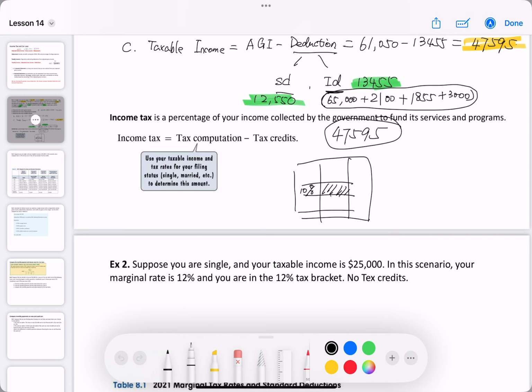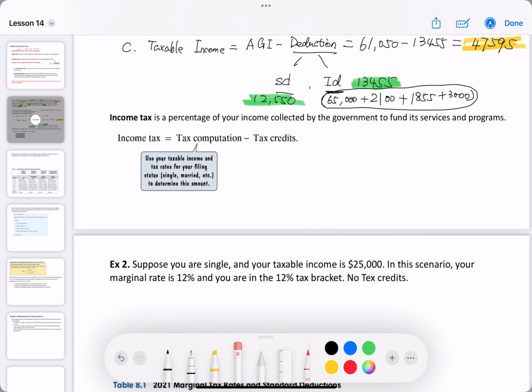If your money is in the second bracket, you need to pay the first part 10% and the rest of the part 12%. So use your taxable income and tax rates for your filing status, single, married, etc., to determine this amount of money, the tax computation. We will talk about this part later.